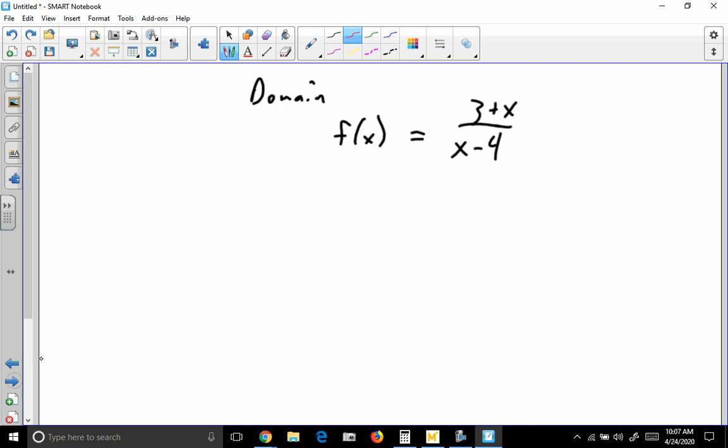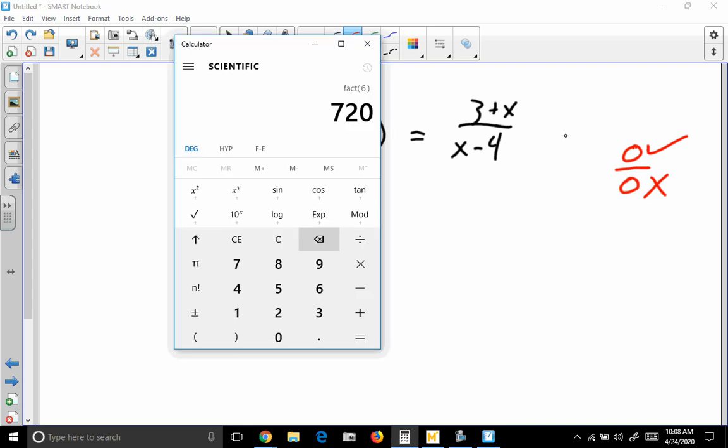But if we look at one like this, we run into an area we have to be careful. When we have a fraction, it's okay to have a 0 on top, but we can't have a 0 on bottom. A 0 on bottom makes us undefined. Even if you take a calculator and try to divide by 0, it tells us, hey, you can't do that.